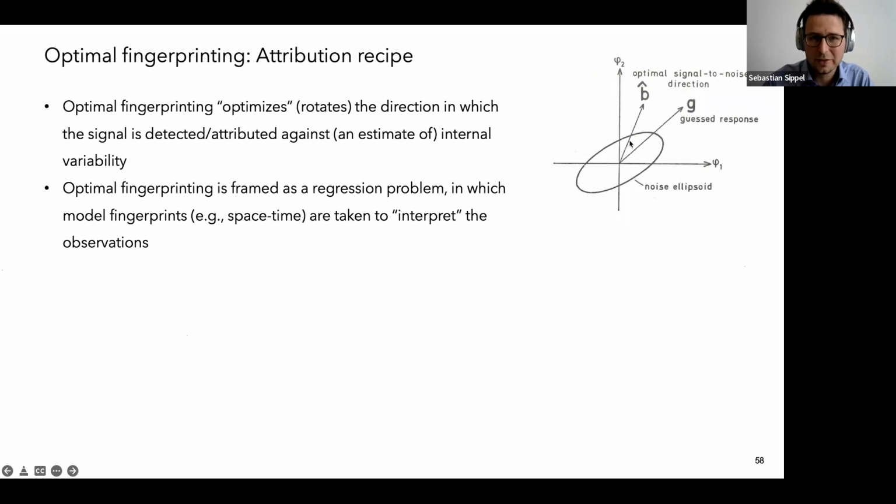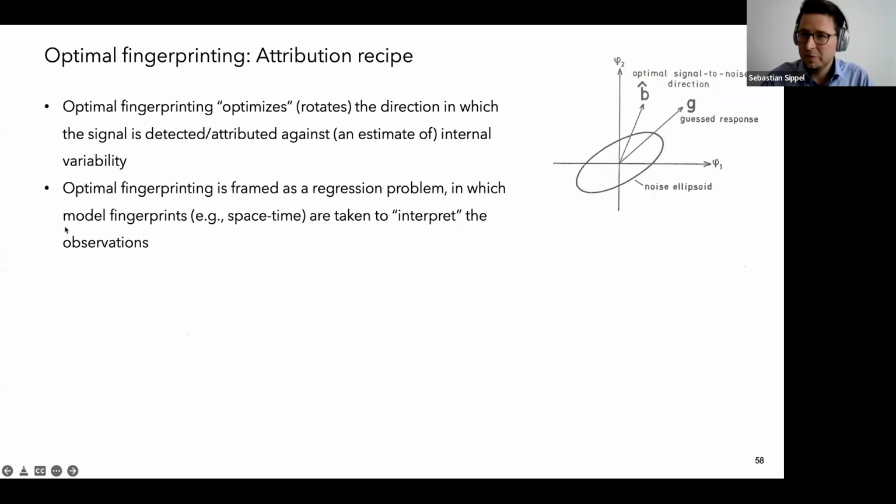He illustrates this direction in this two-dimensional case. So optimal fingerprinting optimizes, or you could also think of it as a rotation. If you have worked with EOF analysis, it sometimes relates to that. So you could think of rotating your data into the direction in which the signal is detected against internal variability in an optimal way, if you believe you have a good understanding of the covariance structure of internal variability.